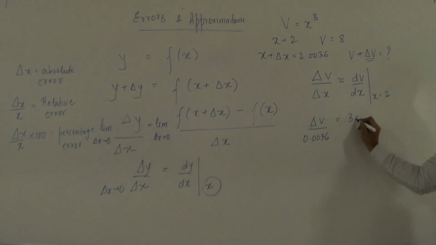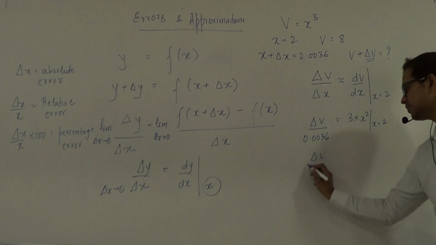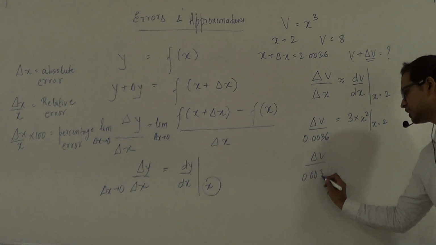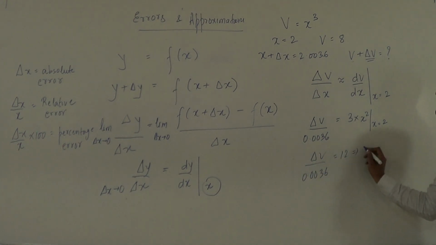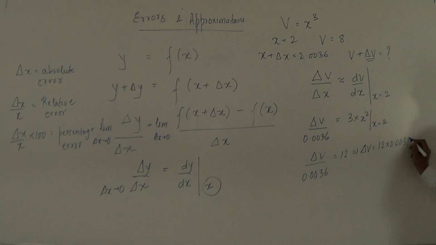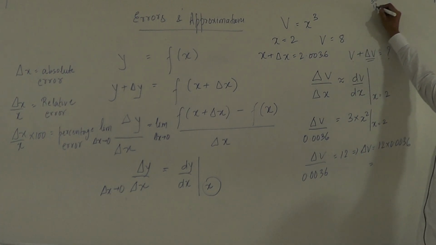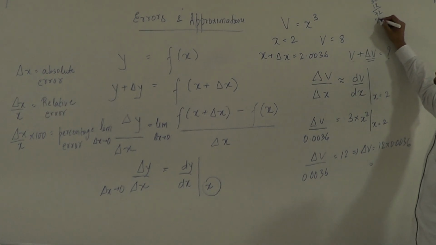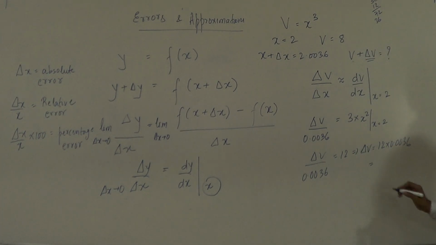Right? And what is dv by dx? 3x square, and that too you are putting x as 2 here. So what will it become? 12. So delta v by 0.0036 is 12. So that means delta v is 12 times 0.0036. How much is 36 into 12? 72, 36, so 432. So can I say it's 0.0432?